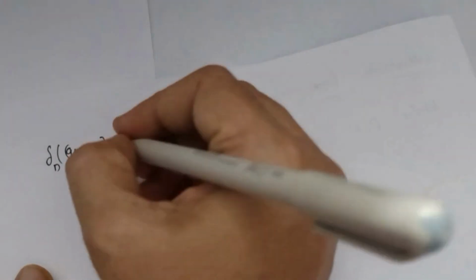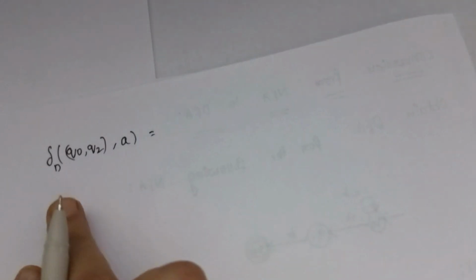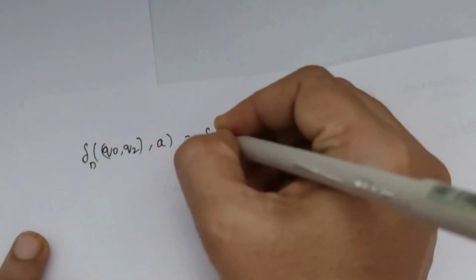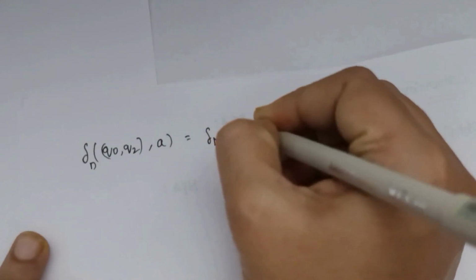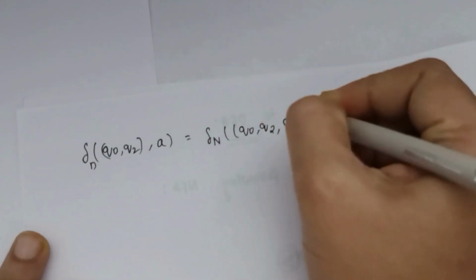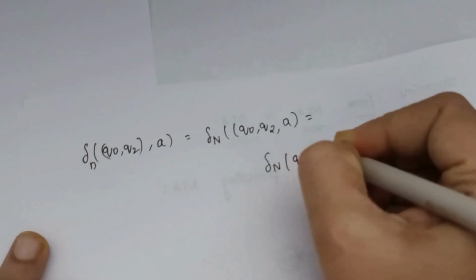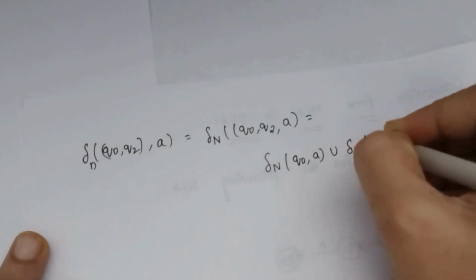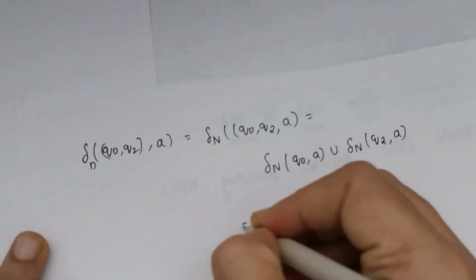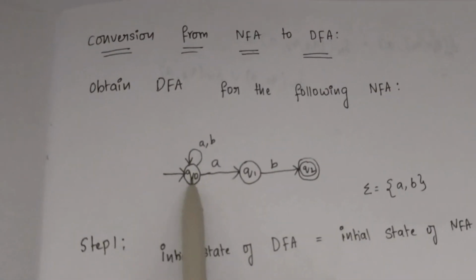Q0, Q2. So now we should start from delta transition. Delta D of Q0, Q2 on A is delta N of Q0, Q2 on A. That equals delta N of Q0 on A union delta N of Q2 on A. So according to our NFA, Q0 on A is Q0, Q1.